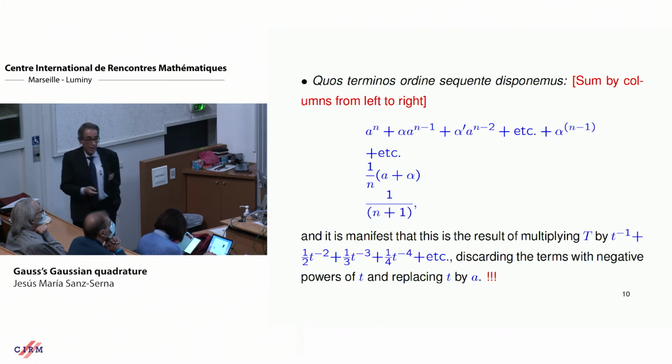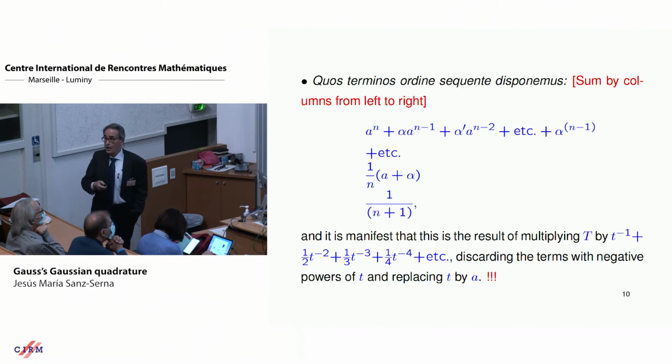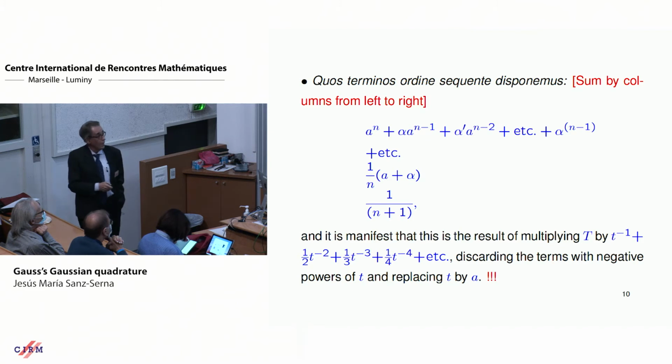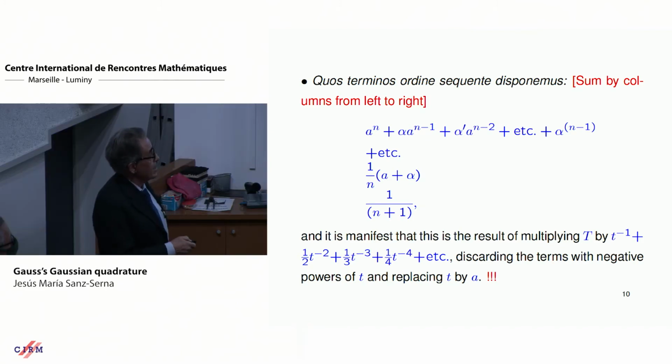And now, just to show you how clever he was, once he writes this, that to me looks complicated, he says that this is not complicated because this obviously is the result of multiplying our polynomial T by this rational function.